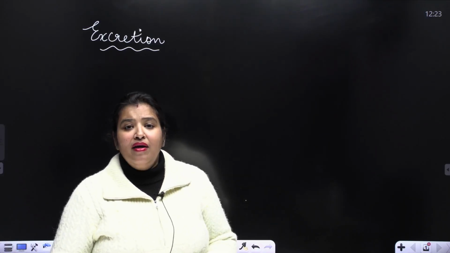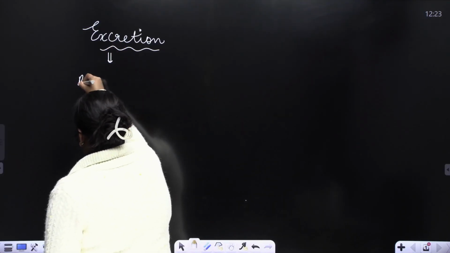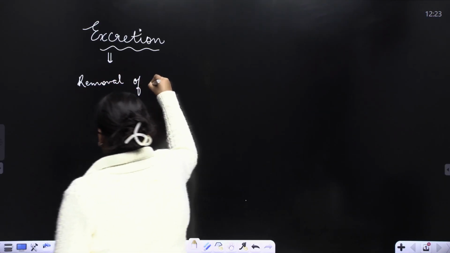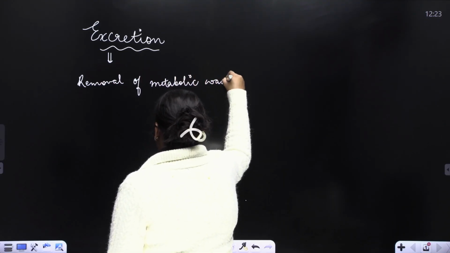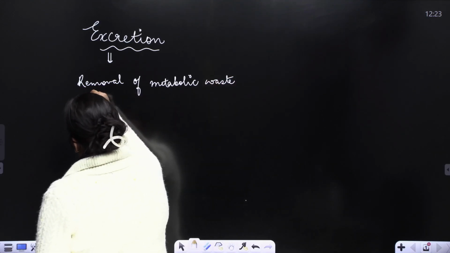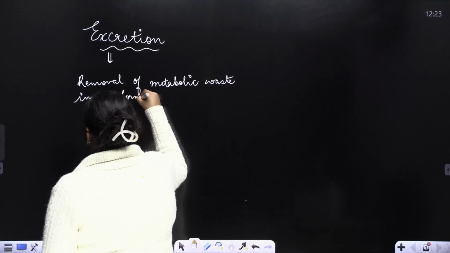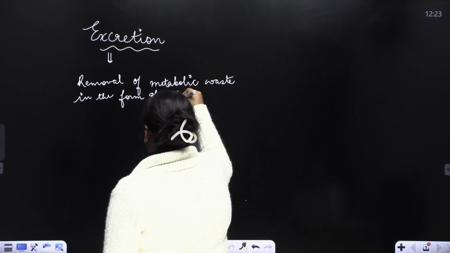All right. Why? Because excretion is defined as removal of metabolic waste in the form of nitrogenous waste.